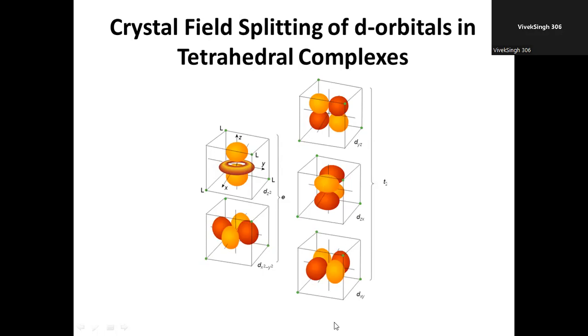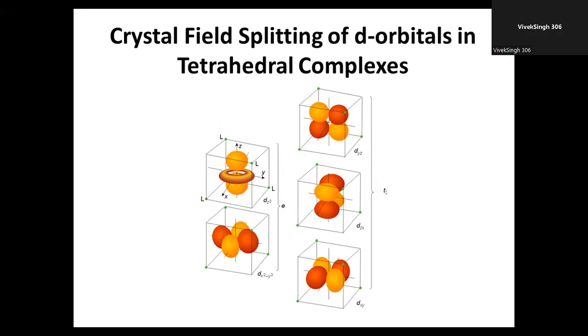In order to see that, we will go to this diagram.